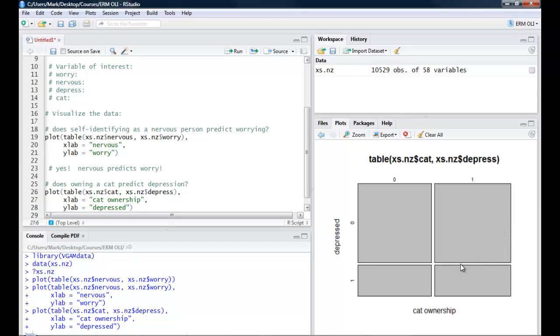Now, it's possible that there's a very slight difference here, and we're going to get into a lot more detail on being careful about the conditions under which we say that there is not a predictive relationship. But at least at first brush, it looks like there's really not a predictive relationship here.